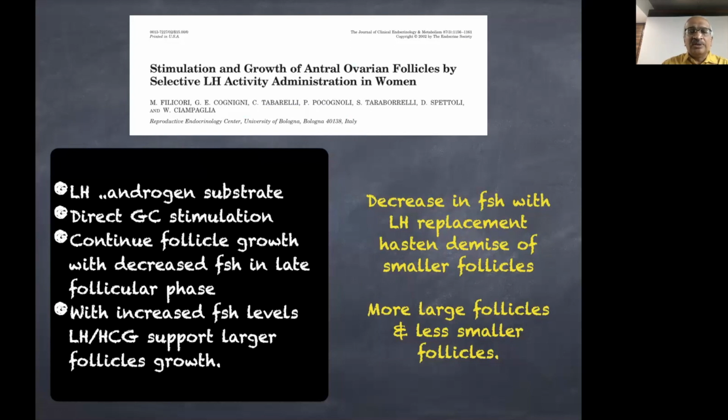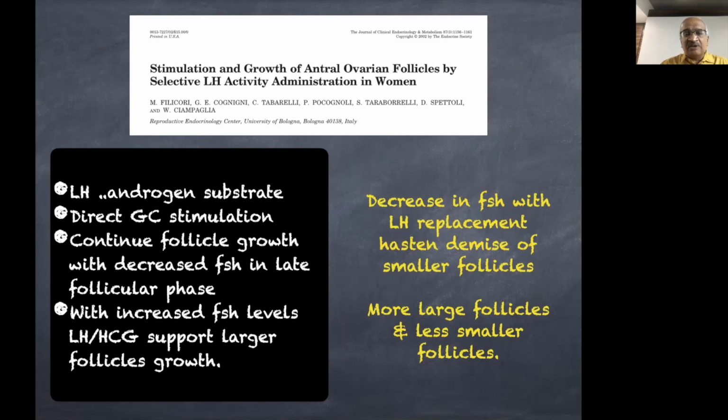And what they found is that LH will act like an androgen substrate, but not only that, HCG can directly stimulate the granulosa cells and a better maturity would be there. It will continue the follicular growth with decreased FSH in the late follicular phase. So in the late follicular phase, FSH first pushes the follicle to 14, and then giving a good amount of LH activity will maintain the growth further.